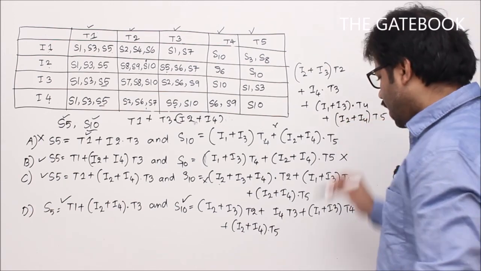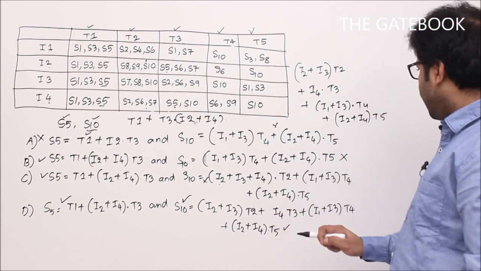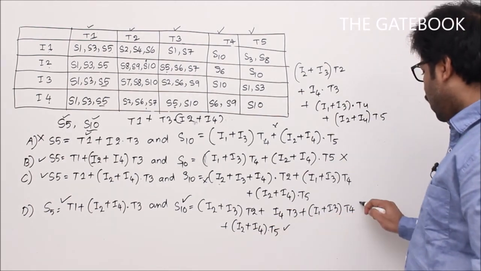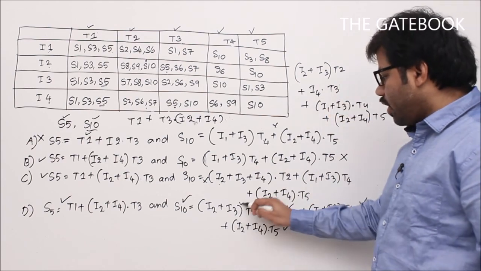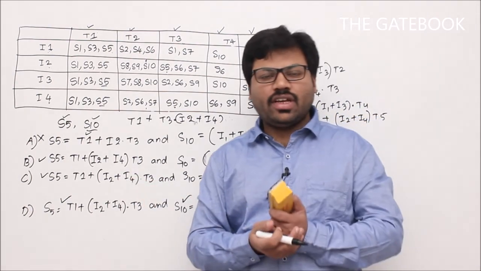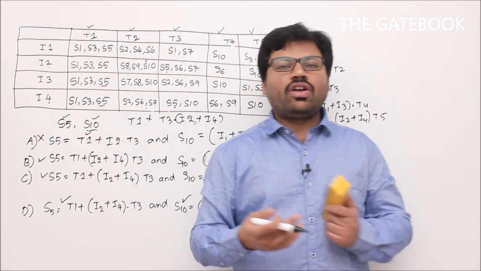That should be the answer. Let us check: I2 plus I4 into T5 correct, I1 plus I3 into T4 correct, I4 T3 correct, I2 plus I3 into T2 perfect. So option D is the right choice. In that way we can easily answer questions related to the control unit.